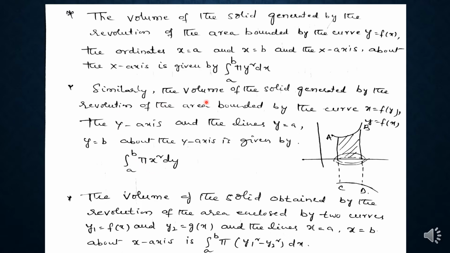That is the volume of the solid generated by the revolution of the area bounded by the curve x is equal to f of y, the y axis and the lines y is equal to a, y is equal to b, about the y axis, given by integral pi x square dy. So in this case the axis is the y axis, in the earlier case the axis is the x axis.